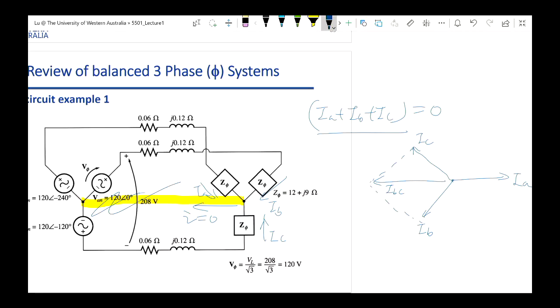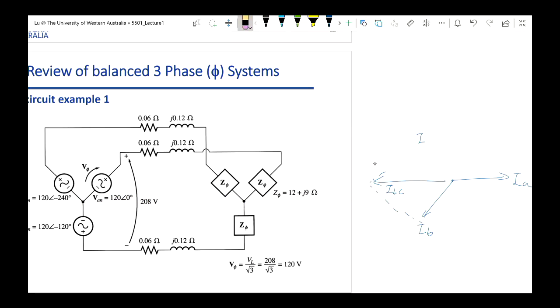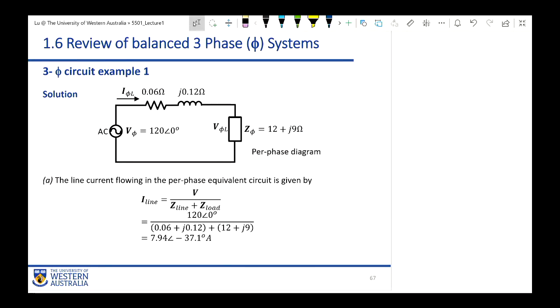So in most cases, we just cancel it to save the cost of these cables. So for a balanced 3-phase system, having or not having the neutral connection doesn't matter. Same thing. Okay, now let's focus on how to solve the line current.